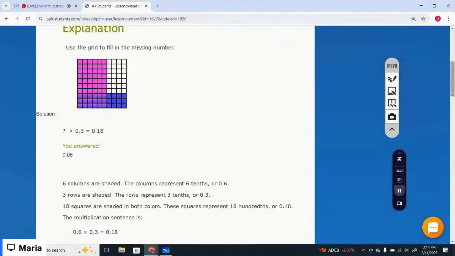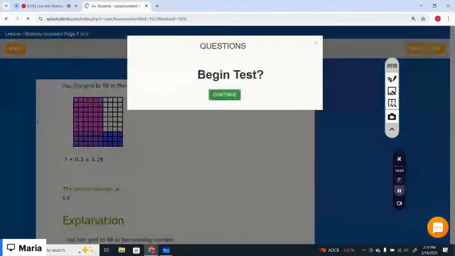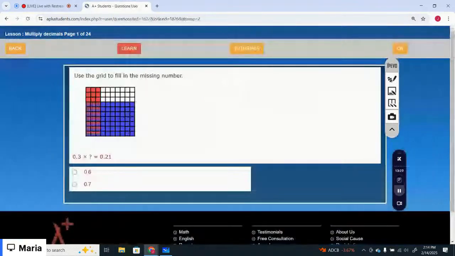Let's just start with the test questions. Use the grid to fill in the missing number. So which is the correct option?